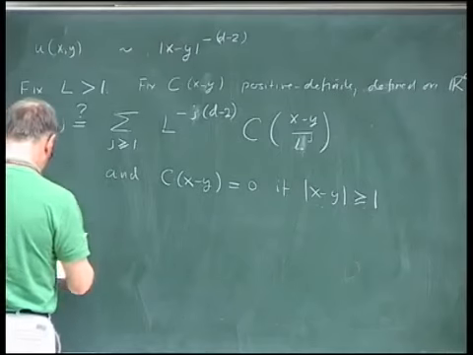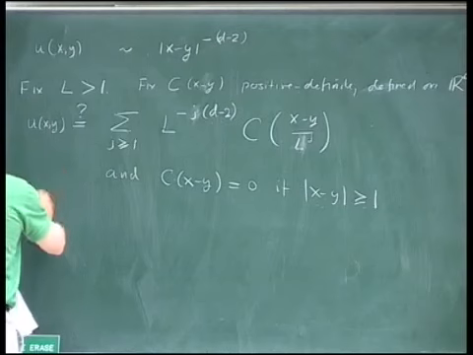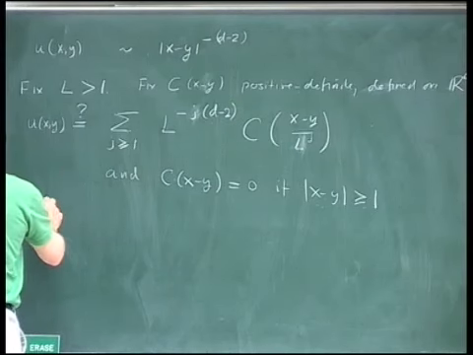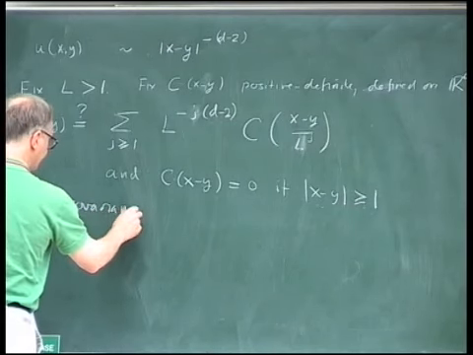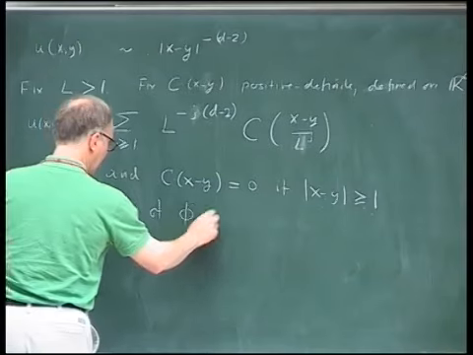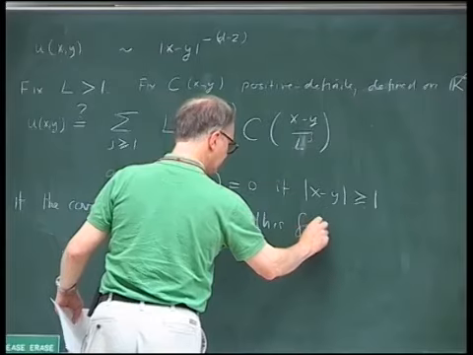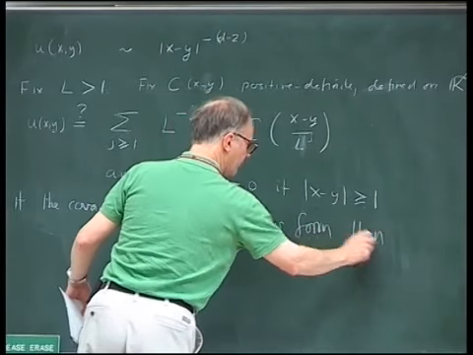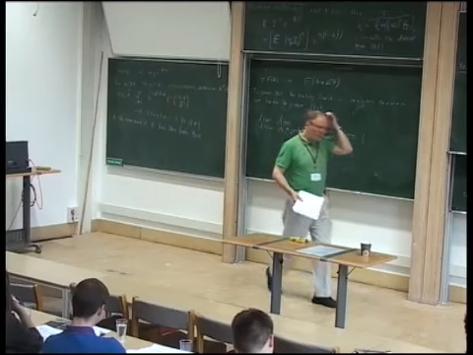I don't want to get into details about this, but let's say it this way: if the covariance of phi has this form, then we can do some nice things.